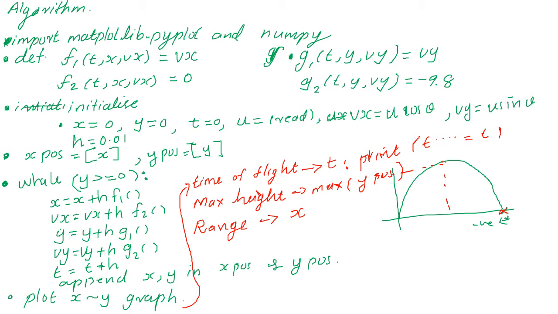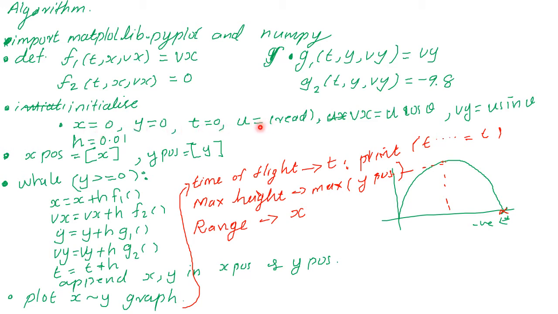Okay, the algorithm. So we must import both matplotlib and numpy. Then we must define f1, f2, g1 and g2. The next step is to initialize all the values. x is 0, y is equal to 0, t is equal to 0.